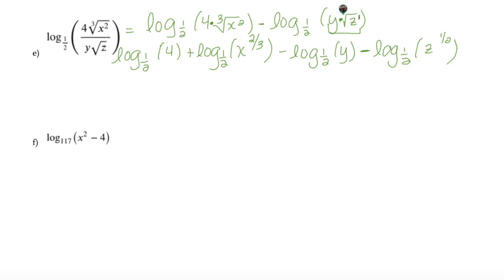Our index, even though we don't see it, is 2. Originally I would have subtracted log base half of y plus log base half of z to the 1/2. I would need to distribute this negative to both parts, which is why it's coming up negative, if you need to see that extra step.